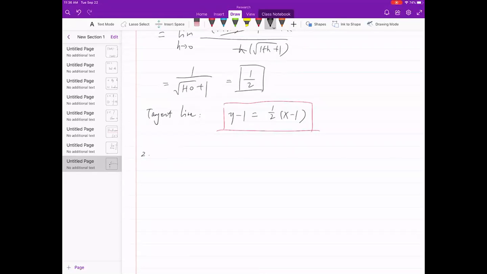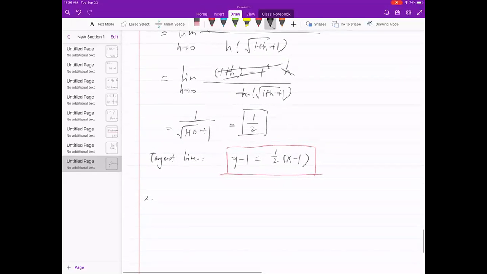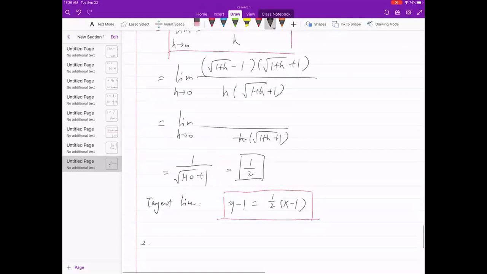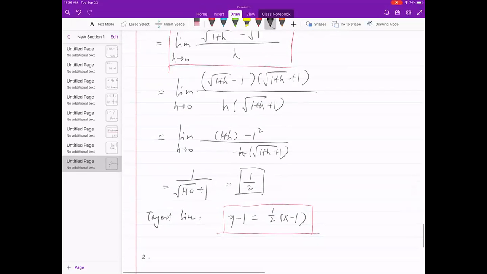Nick. I'm just kind of confused how you canceled everything out, like where everything's crossed out. Like, how come there's an h in the numerator? Oh, I see. Let me write the original thing. Are you okay with this step? Yeah.